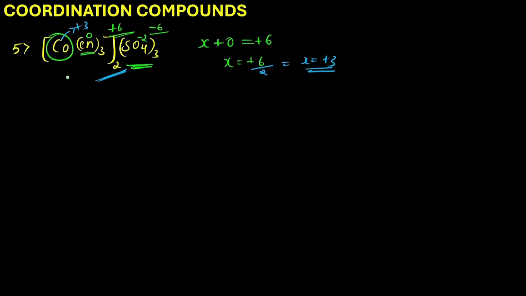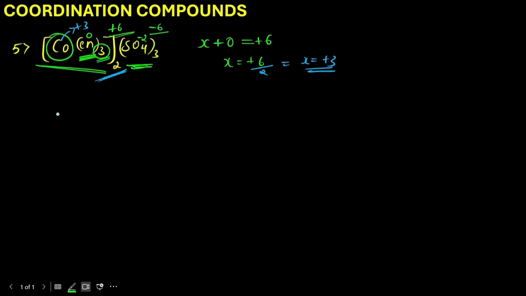Now we will start writing the name. We know that according to the set of rules, the cation should be named first. Here the ethane-1,2-diamine ligand already has the prefix di, therefore we have to go for the prefix tris, because here 3 times the ethane-1,2-diamine ligand is present.